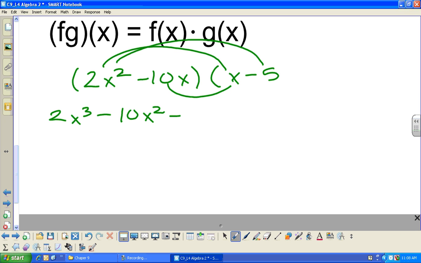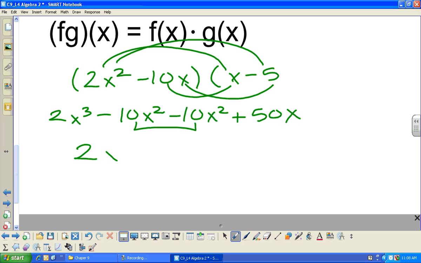My inside, negative 10x squared. And my last, which would be positive 50x. So I can combine my like terms here, and my final answer would be 2x cubed minus 20x squared plus 50x.